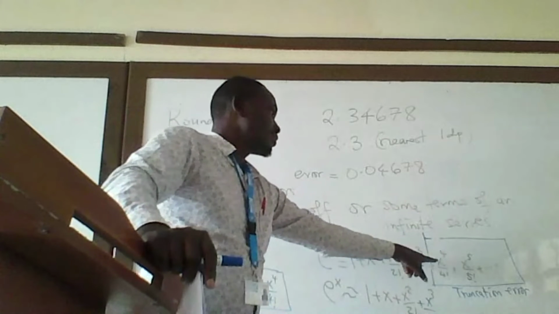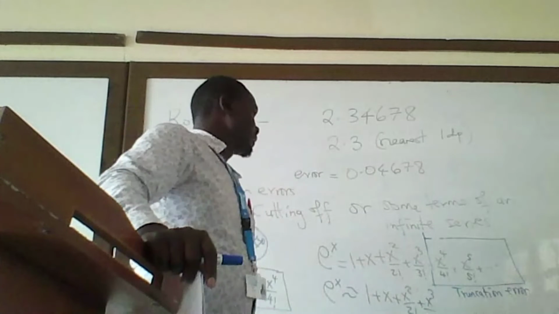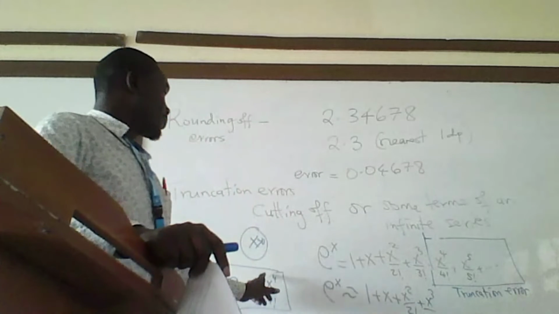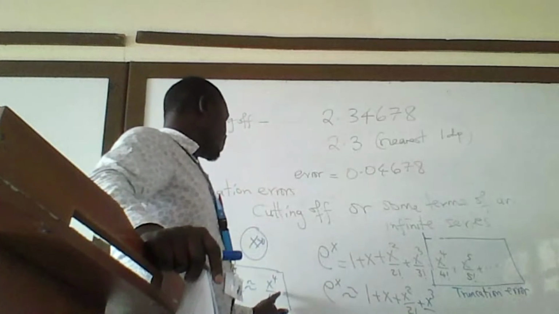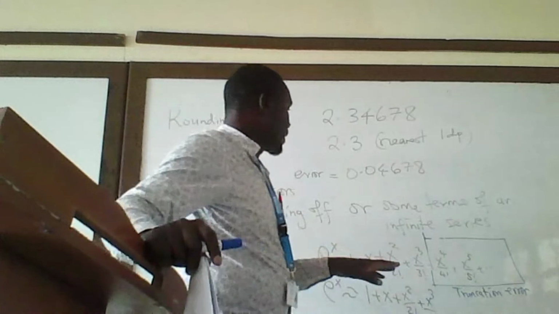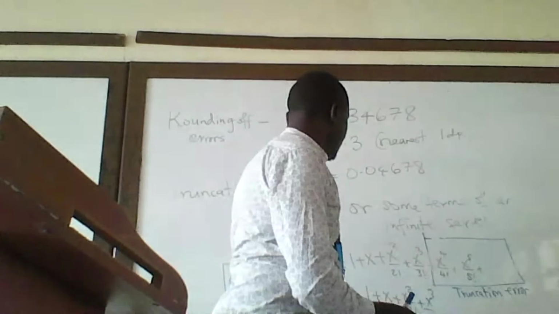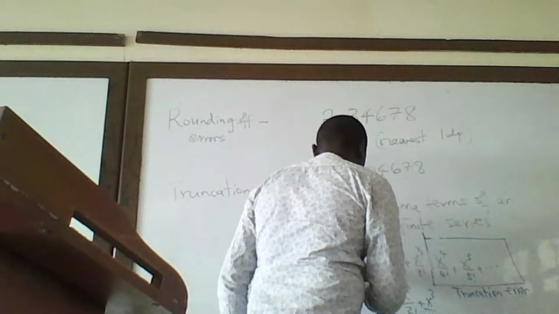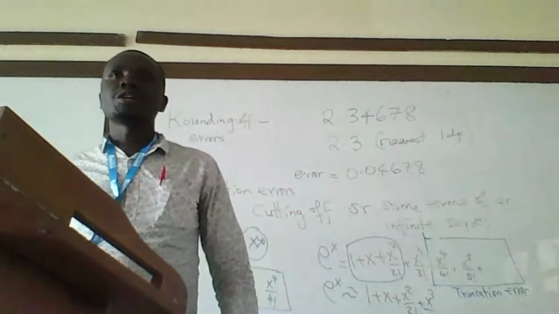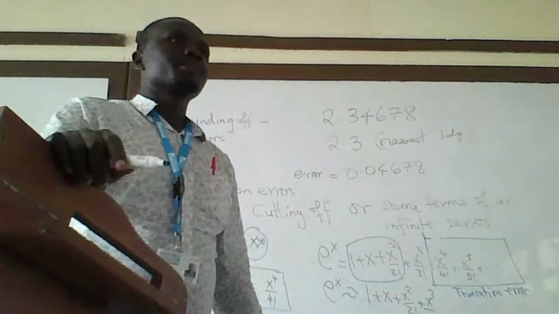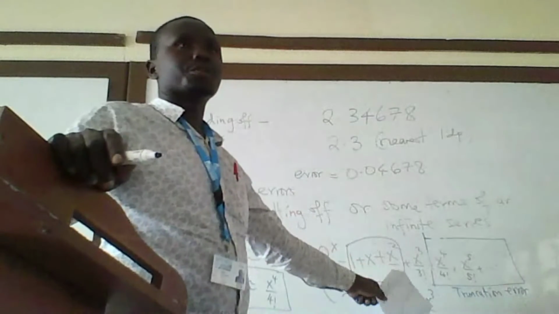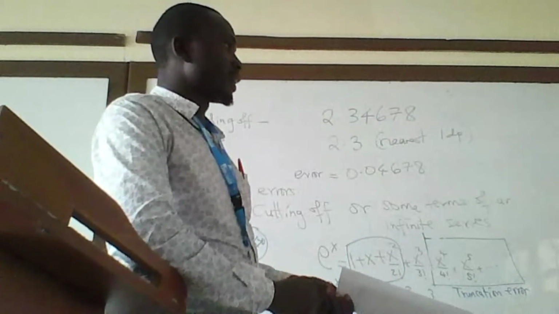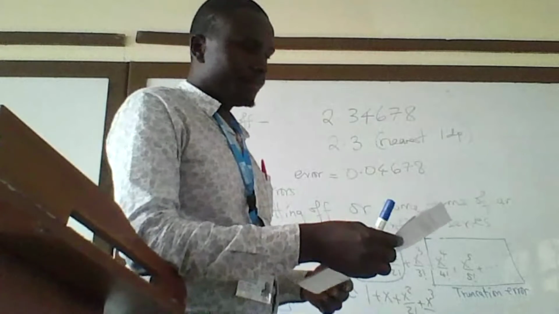This is the most dominant term, so it will be assumed to be this term x power 4. Which means now, if we are to use these first three terms, then the truncation error will be x power 3 over 3 factorial. So that's what we'll assume to be our truncation error.